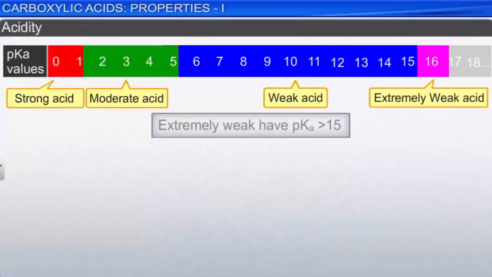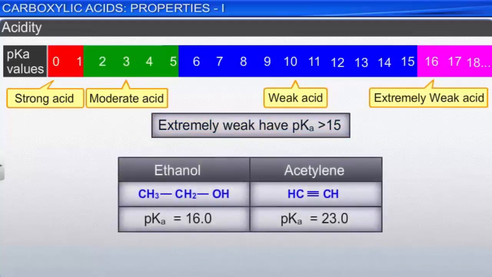Extremely weak acids have pKa values greater than 15. For example, ethanol with a pKa value of 16.0 and acetylene with a pKa value of 23.0 are extremely weak acids.